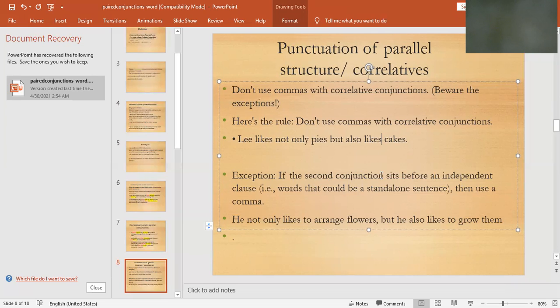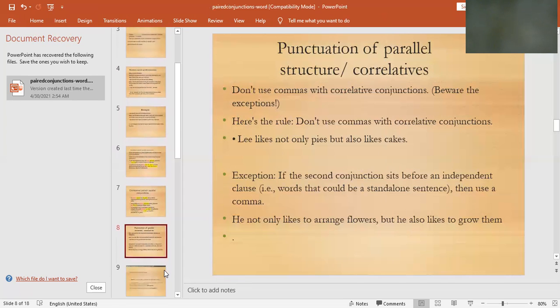And usually before but, when it is at the beginning of a sentence, we use a comma. So in this case only we use a comma between the sentences which are joined by paired conjunctions.